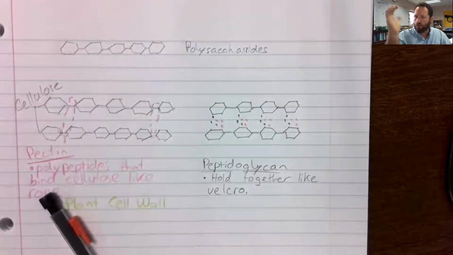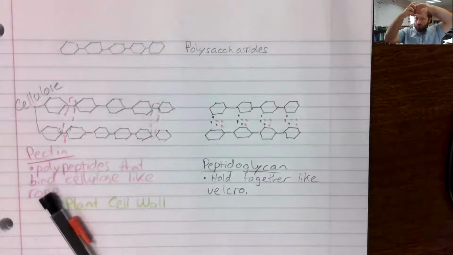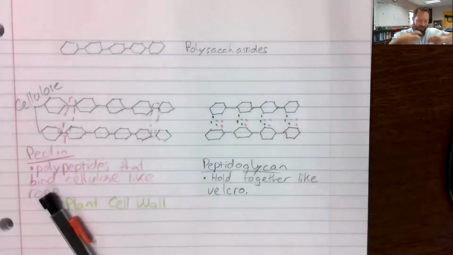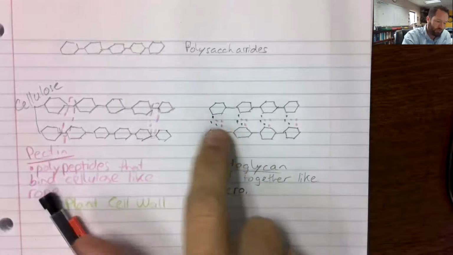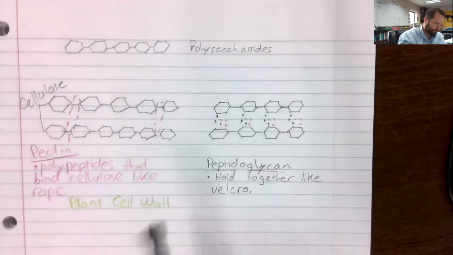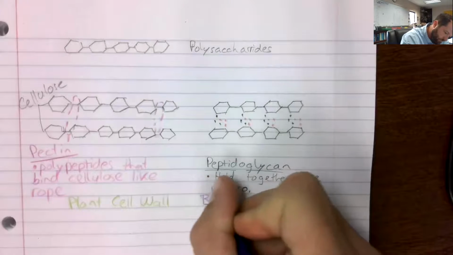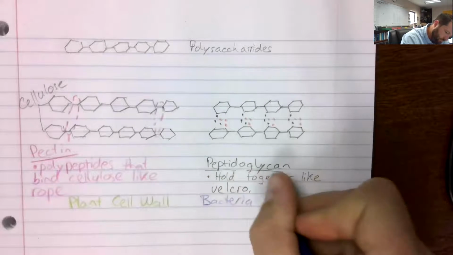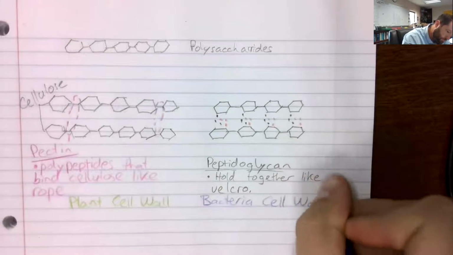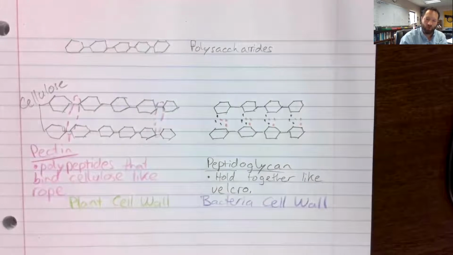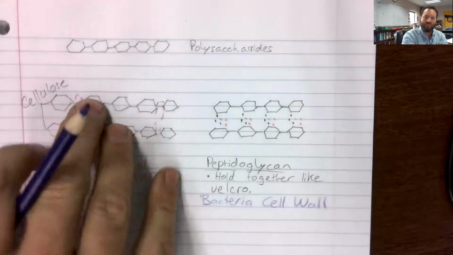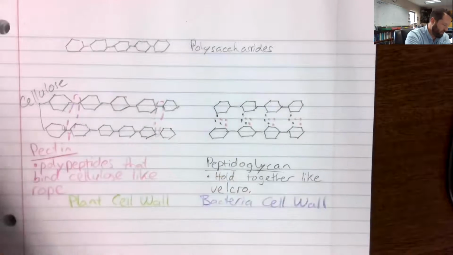Velcro is a bunch of pieces that are kind of bent, and then you take another piece of Velcro, and those pieces kind of latch on together. Well, that's very similar to what we have going on here. This is a bacteria cell wall. So we've got plant cell walls and we've got bacteria cell walls.